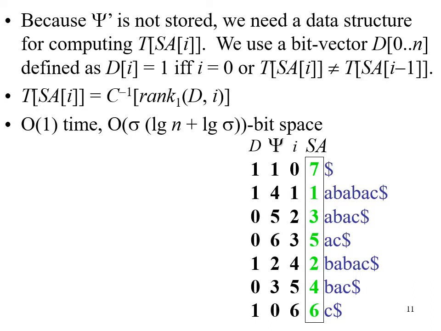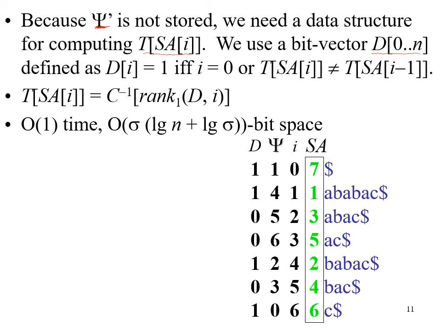So psi is represented by sigma bit vectors. Okay. So now we don't store psi prime. Instead we store psi. Then if we have psi prime, we can compute T of SA I. Okay. But now we don't have psi prime. So instead we use another bit vector D, defined as follows.